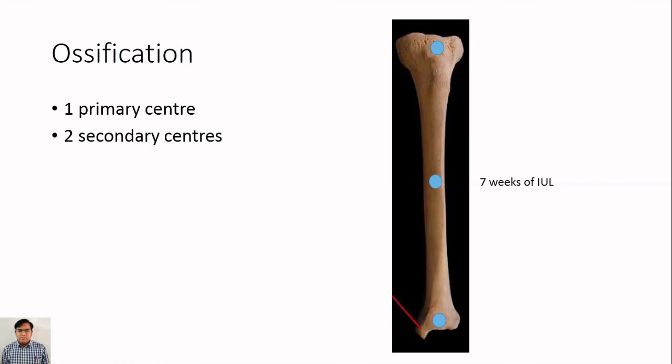The upper end appears just before birth and fuses with the shaft between 16 to 18 years, and the secondary center for the lower end appears at the age of 1 year, and it forms the medial malleolus at the age of 7 years and fuses with the shaft at the age of 15 to 17 years.